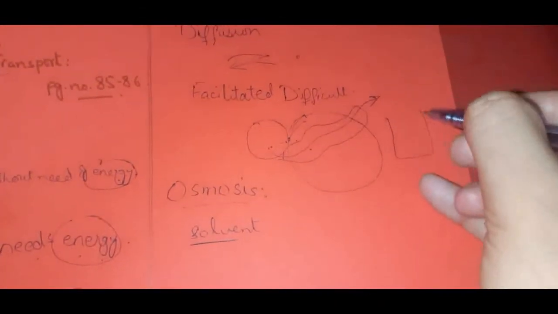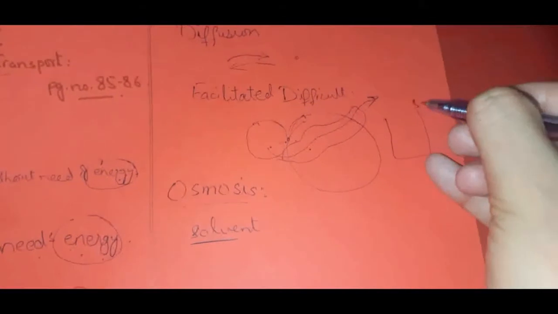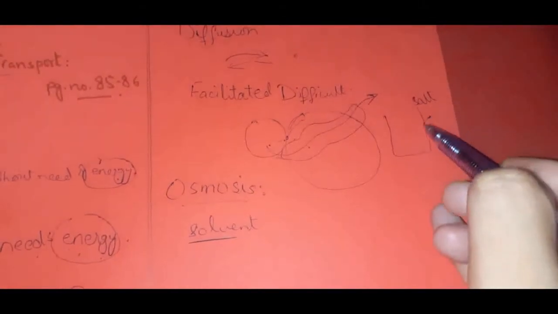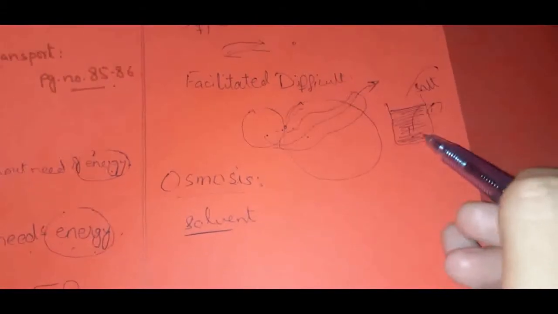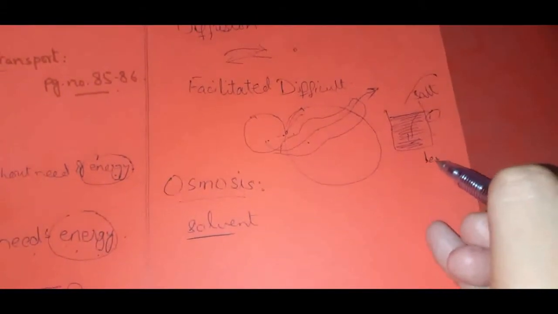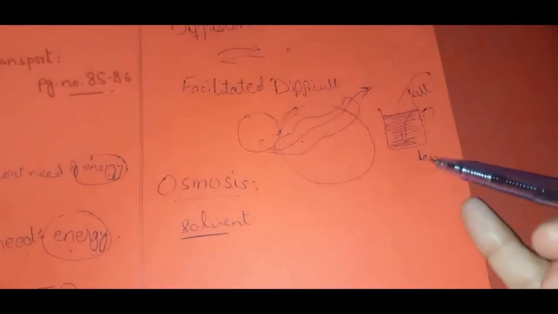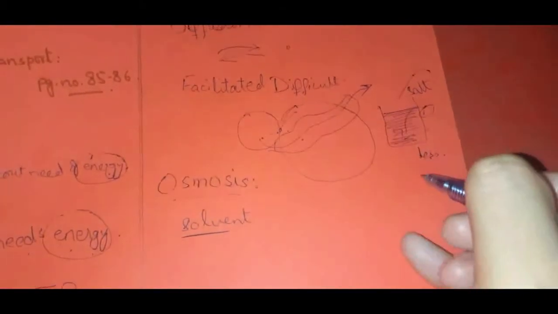The diffusion of solvent. What is solvent? Solvent is that thing which is in larger concentration. Whenever we make a solution, for example, a solution of salt, what will I do? I will put 1 teaspoon of salt in it, and then I will put half a cup of water in it, right? So the salt is in less quantity, whereas the water is in more quantity.